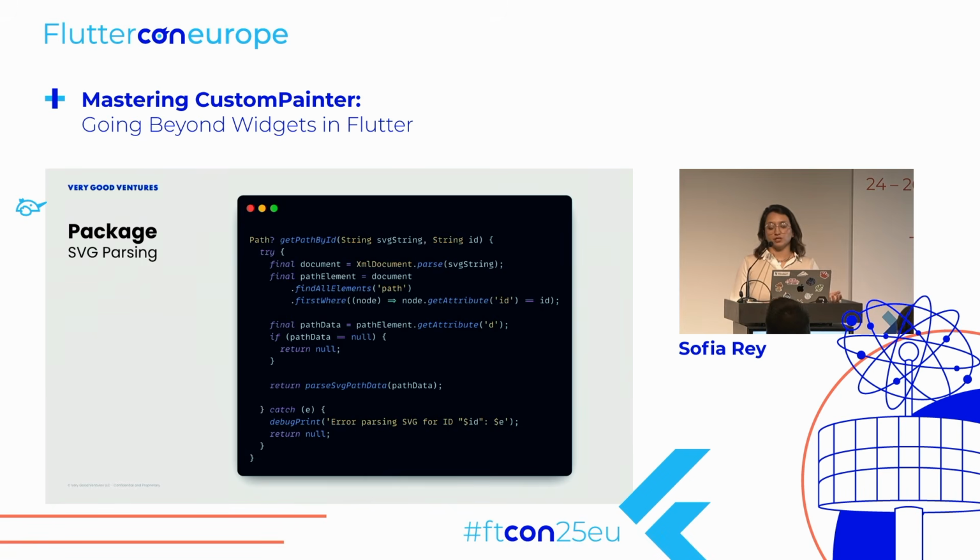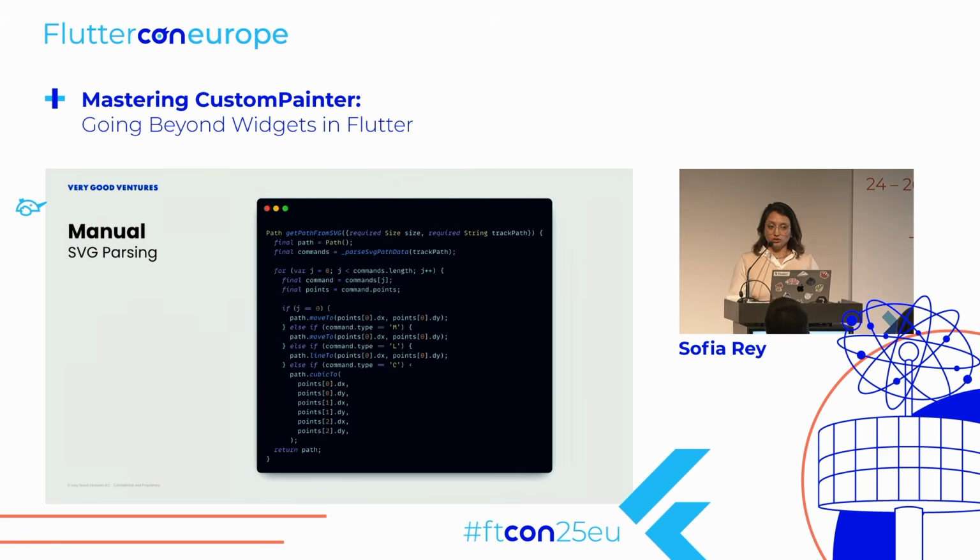And now that we have the XML document, we can easily find the elements. In our case, we want to find the path element. And after we get the path element, we can get the attribute d, which was the definition of the path. Once we have that string with a bunch of letters and numbers, of course, we check it is not null, and we can call parseSvgPathData with that string. That method is from the path drawing package that I just mentioned, and this will just return the path object.